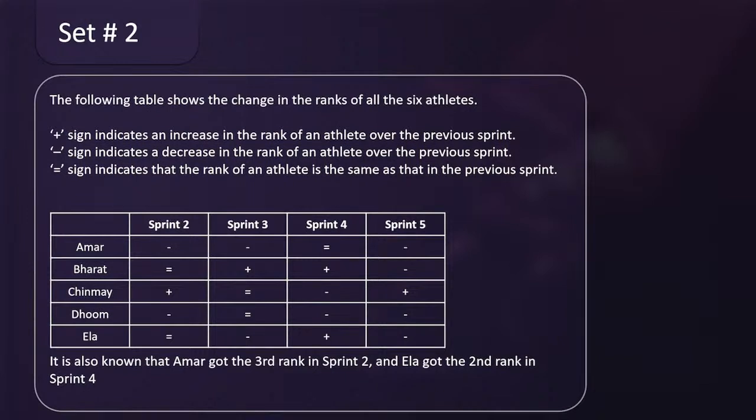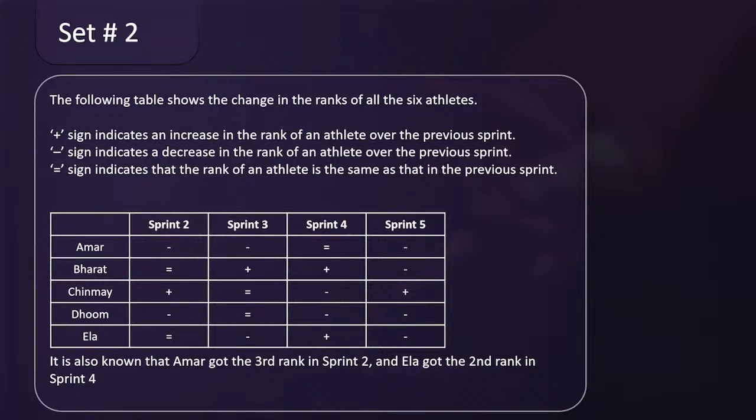Okay. Now the following table shows the change in the ranks of all the 6 athletes. Now plus sign indicates an increase in the rank of an athlete over the previous sprint. Okay, it's an increase. By how much? It is not at all clear.